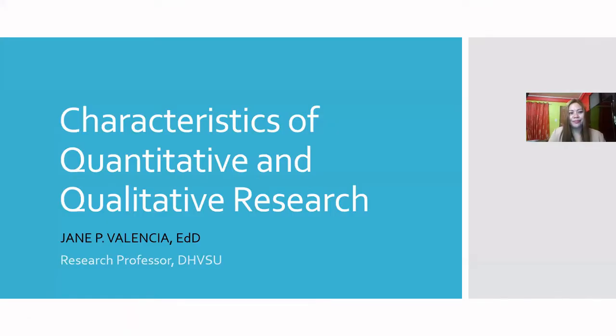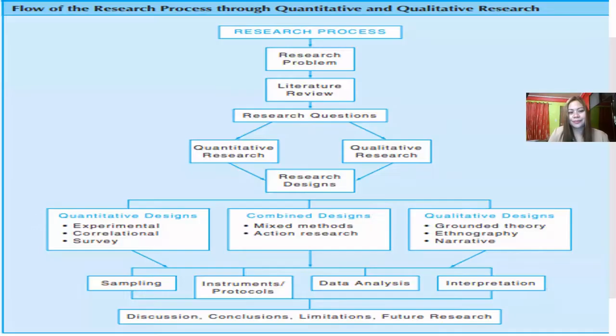So what are the characteristics of quantitative and qualitative research? As we talk about the different designs or methods in research, we have the quantitative method and the qualitative method of research. But how do they differ? Let us take a look at their differences by checking their characteristics.